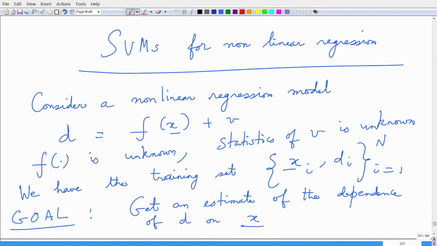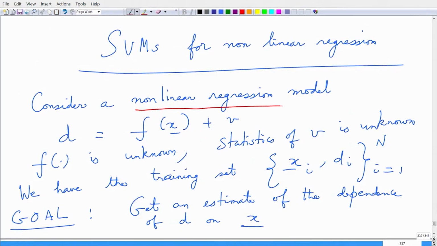Now, with the knowledge of the epsilon insensitive function that we have formulated, we would like to look into the SVM towards the nonlinear regression problem. So, consider the nonlinear regression model. d equals f of x plus v, f is an unknown function, x is a vector, statistics of noise v is unknown, and d is the response that we get.